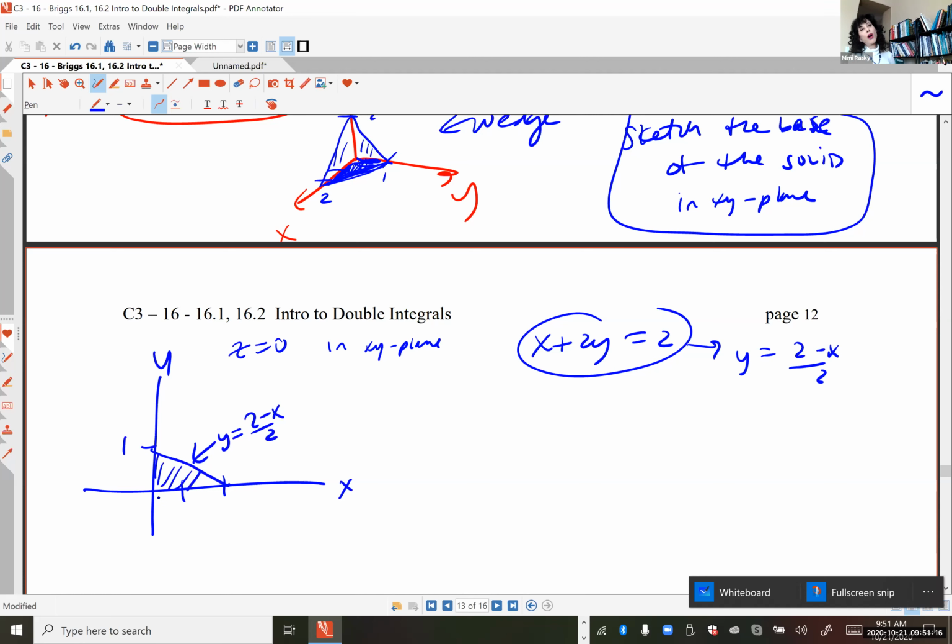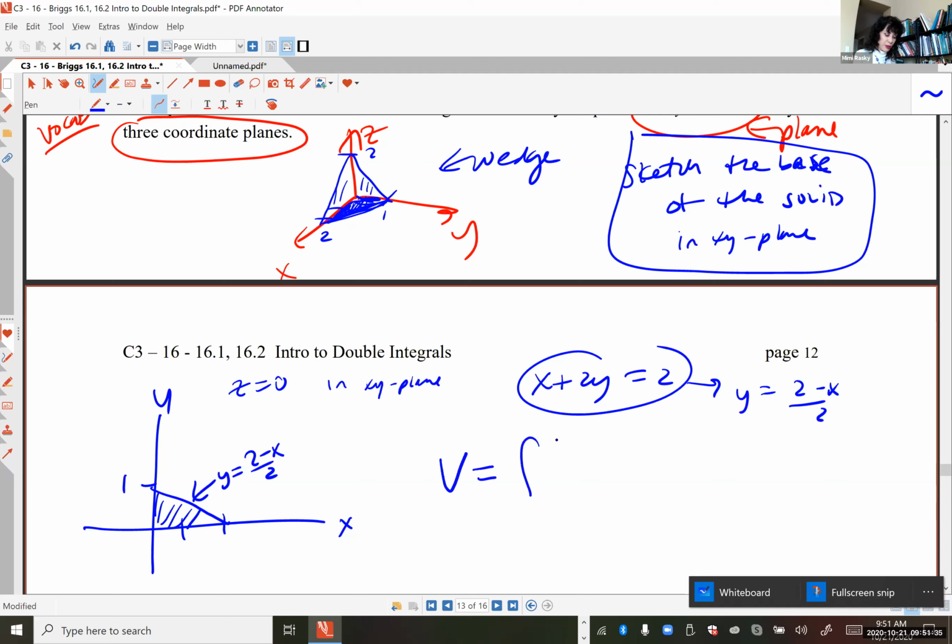The motivation for sketching the base of your solid is that it's going to help you iterate your double integral, or put the limits on correctly. Don't leave it to, I'll do it in my head. That's dangerous. So your volume is going to look like this. You're going to have an integrand here, and then you're going to choose your order of integration. I'm going to choose dy dx.